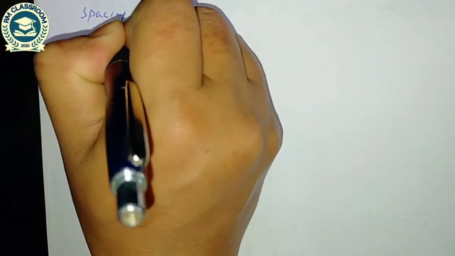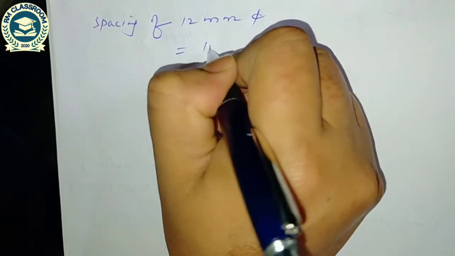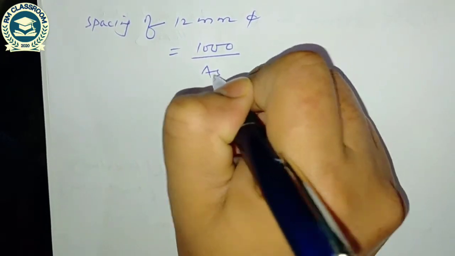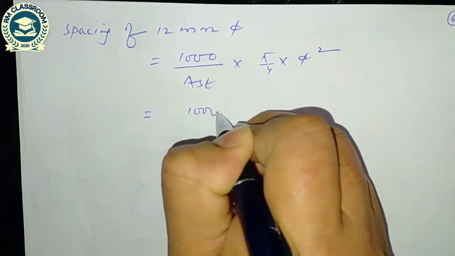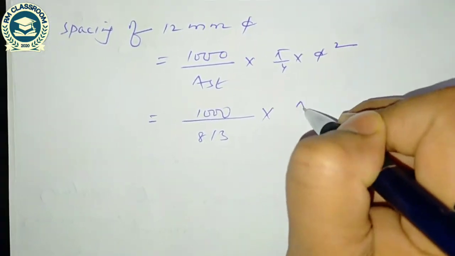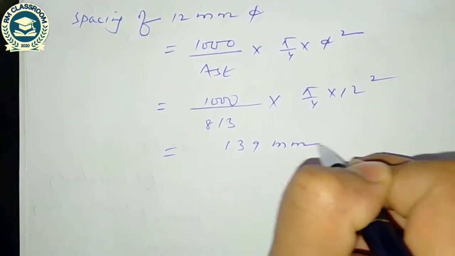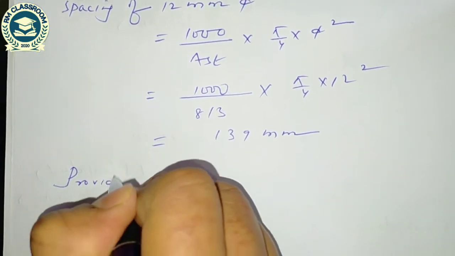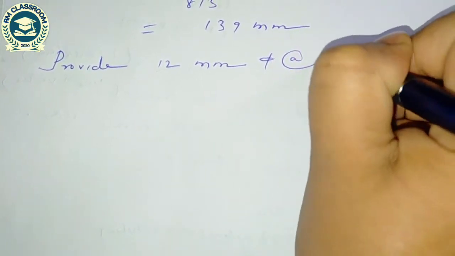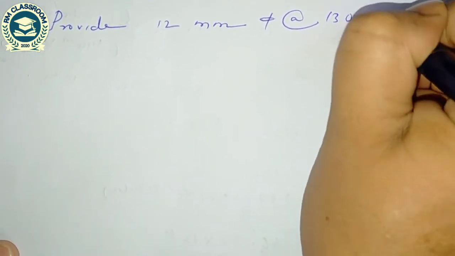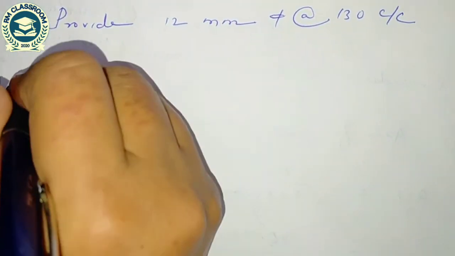Spacing of 12 mm diameter is 1000 by AST into pi by 4 into phi square. So it is coming 1000 divided by 813 into pi by 4 into 12 square. So it is coming 139 mm. So provide 12 mm phi at the rate of 130 mm center to center.